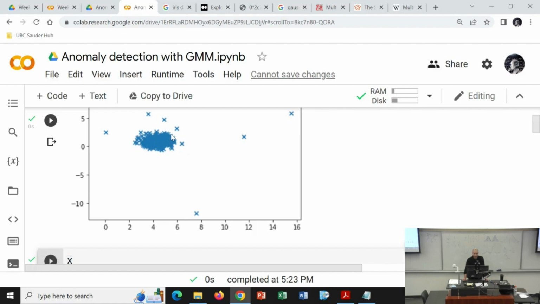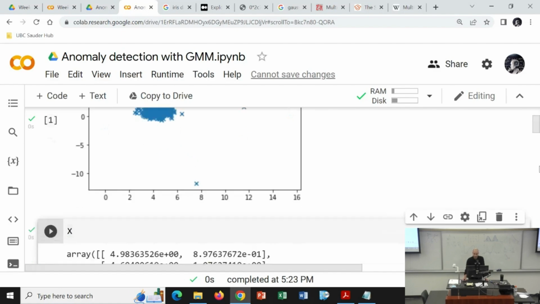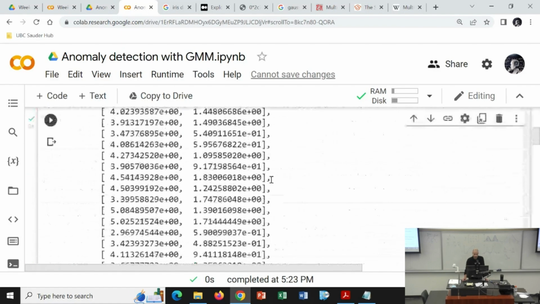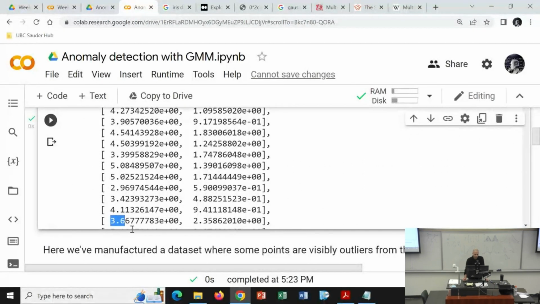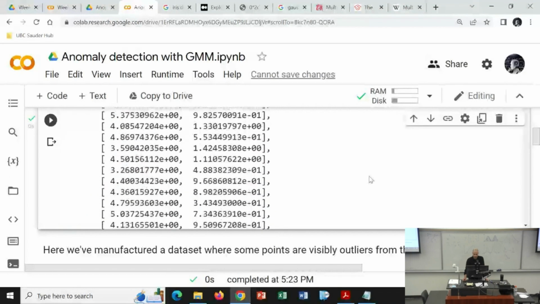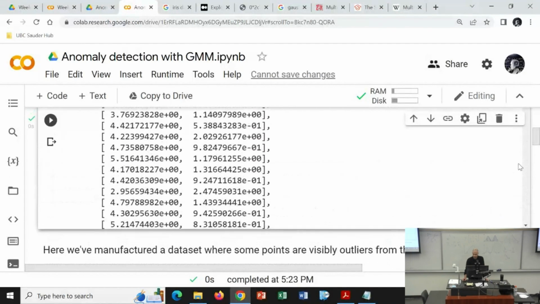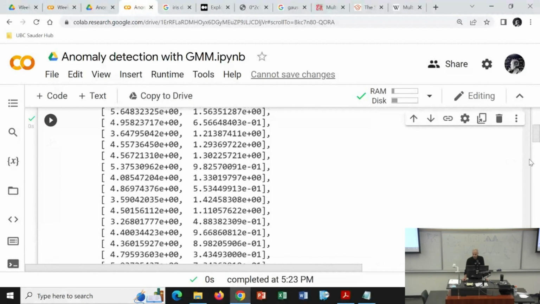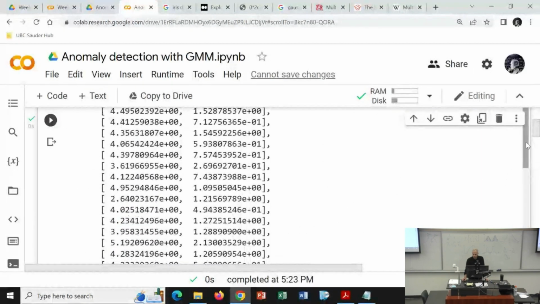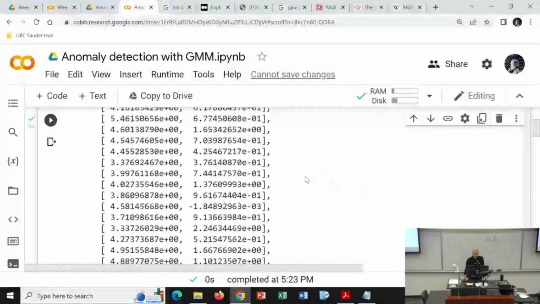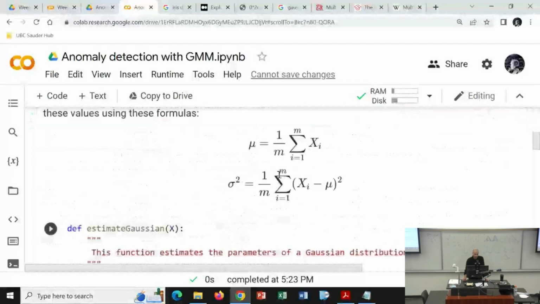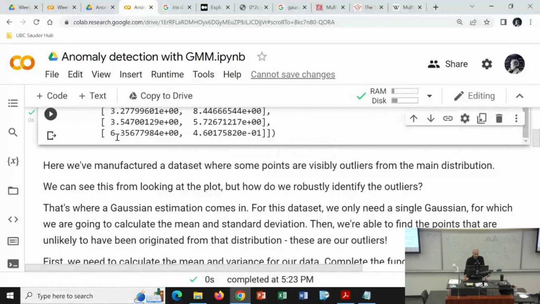And the outliers, I added them at the end of the data. So if we check the end of this, you can see that there are some data points at the very end, like 6.3, and this is 10 to the minus 1.